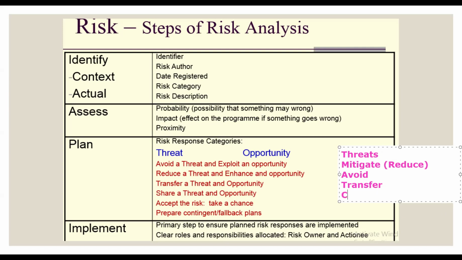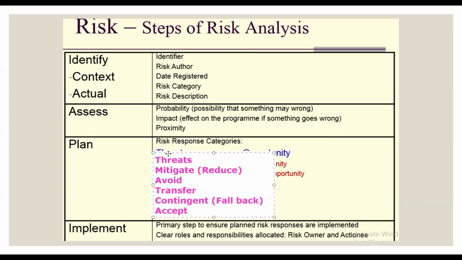Then contingent response strategy or fallback. Let's keep accept last, right? Because that's the simplest thing. So can we go through all these techniques, guys? First we'll cover threats, then we'll cover the opportunities.